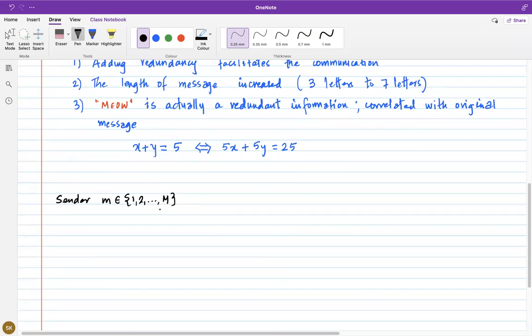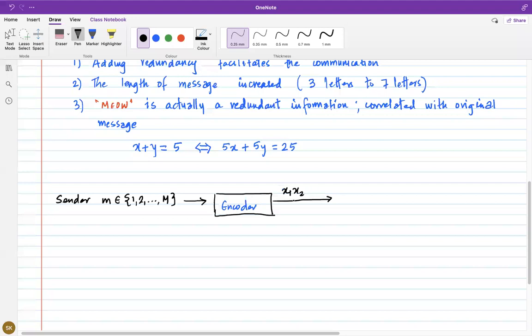From this set of M messages, it chooses some small m, and the sender first goes to this black box which is known as the encoder. What the encoder does is take the input m and then spit out a sequence of numbers.